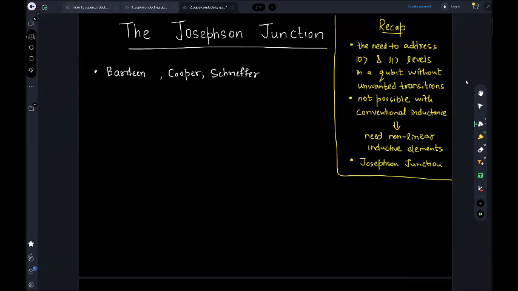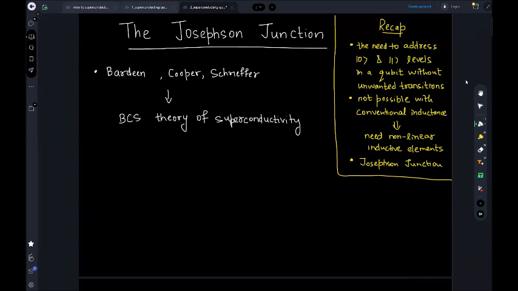Now, these three scientists gave a very popular theory in physics, known as the BCS theory of superconductivity. They published this remarkable paper in 1957.